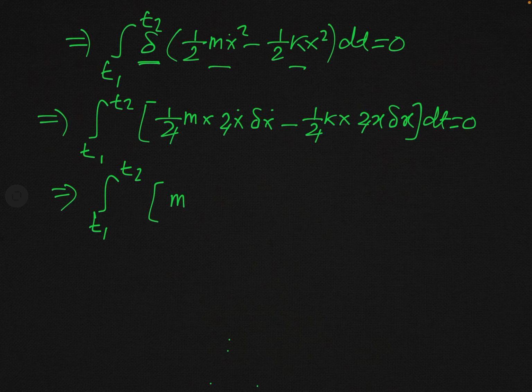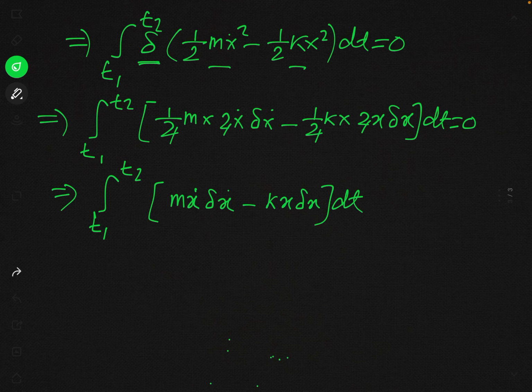So this is simply mx dot delta x dot, this is delta not d, minus kx delta x, dt equal to 0.